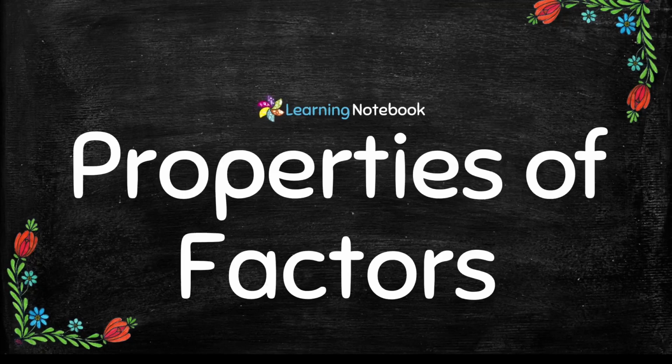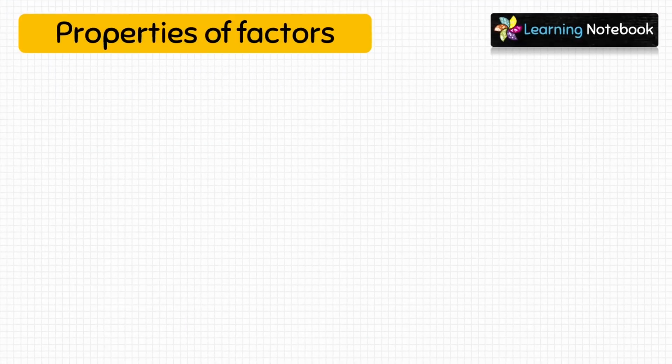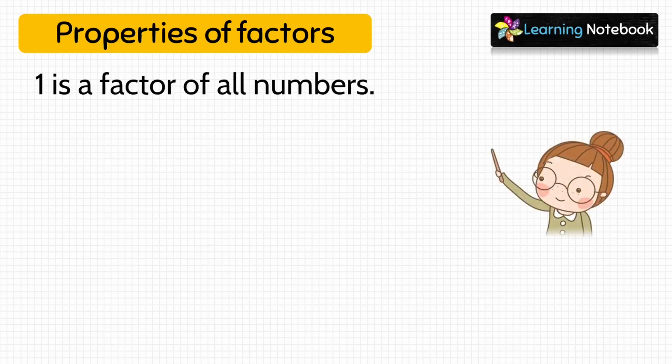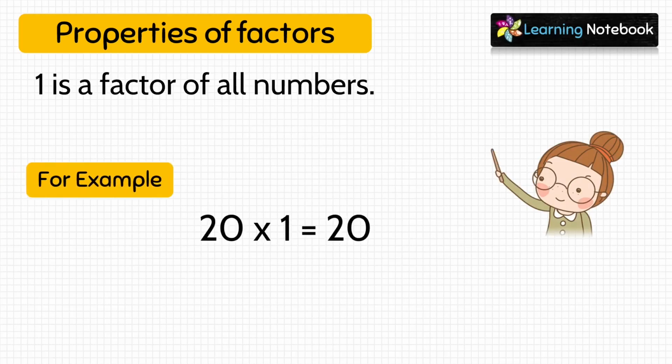Now let's learn the properties of factors. First property of factors is 1 is a factor of all numbers. For example, 20 into 1 equals 20. So here 1 is a factor of 20.